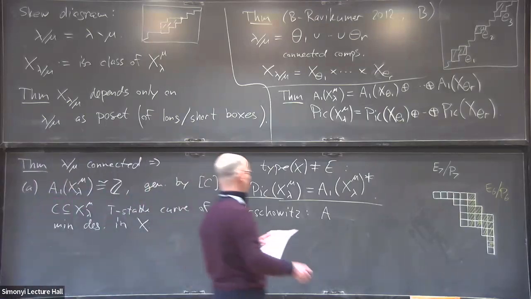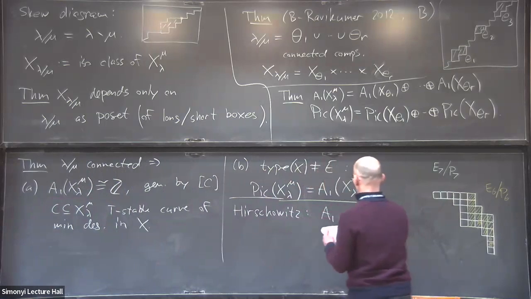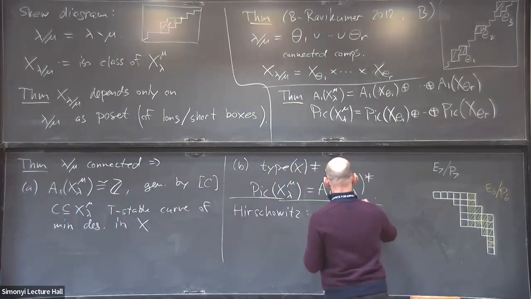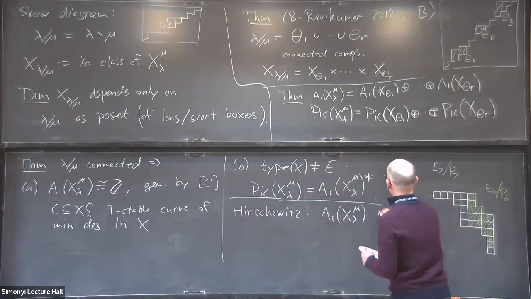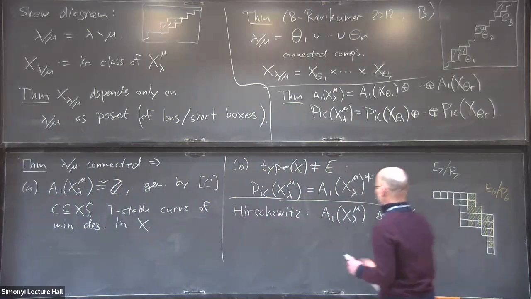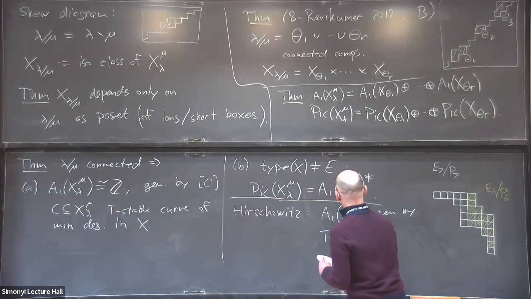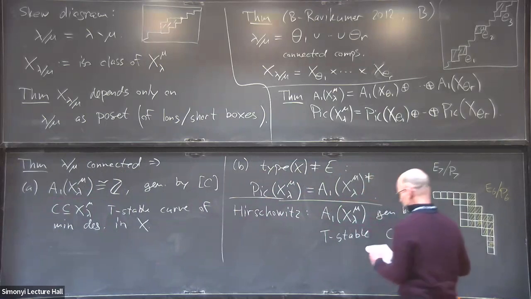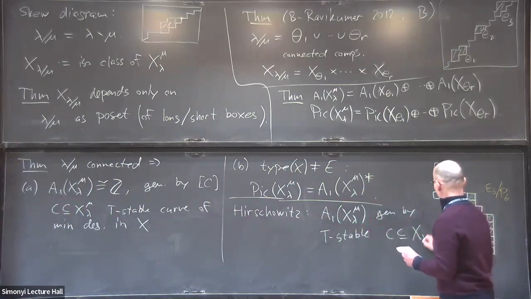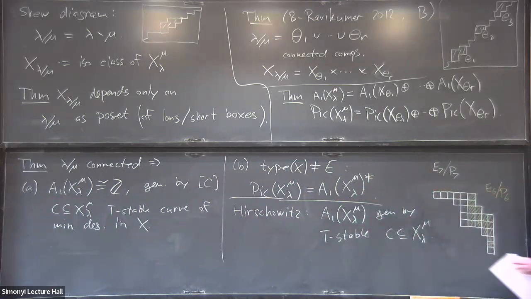So in particular, that means that this first Chow group is generated by T-stable curves inside the Richardson varieties.